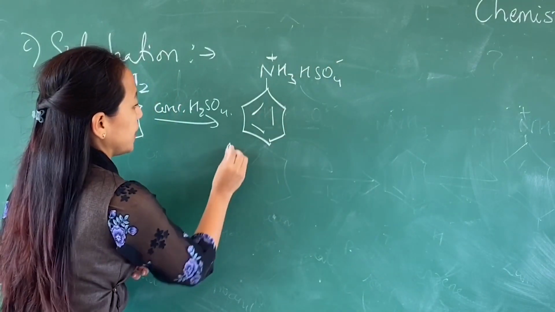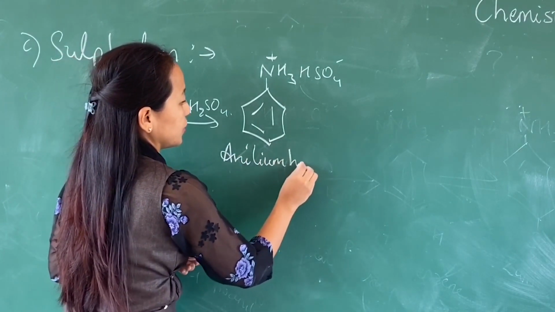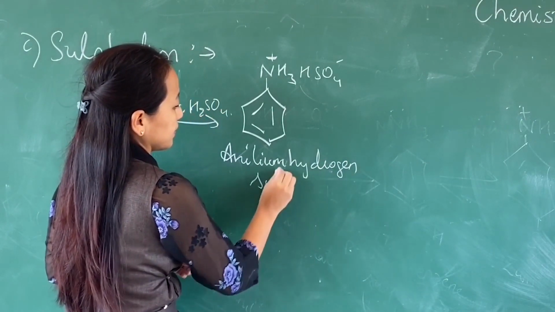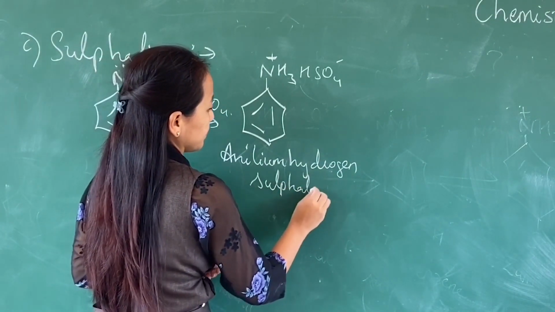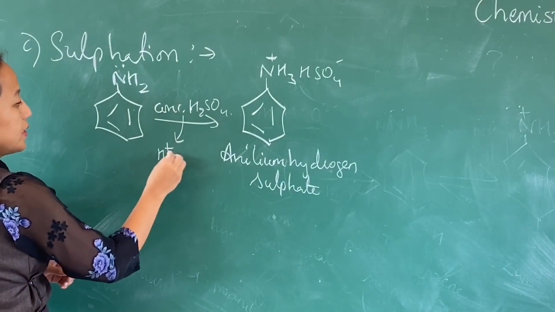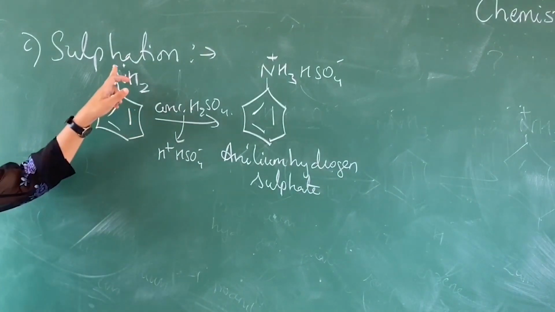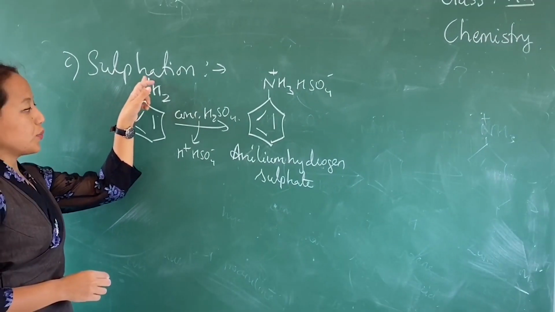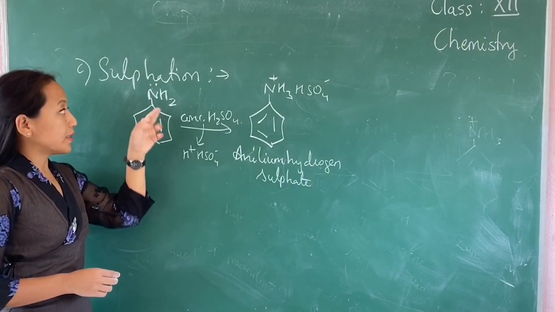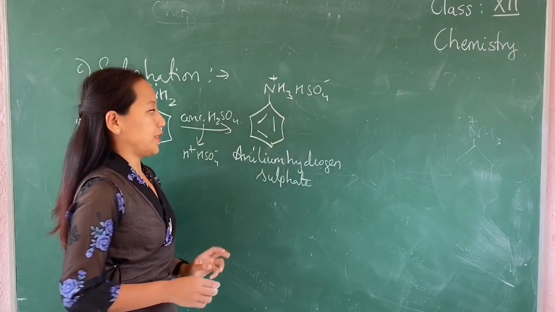This is called anilinium hydrogen sulfate. H2SO4 consists of H+, HSO4-, and the lone pair of electrons will form bonds with this hydrogen atom. That's how it gets converted to aniline hydrogen sulfate.